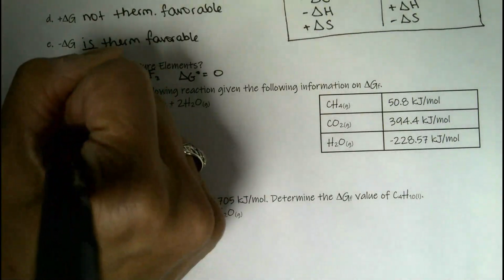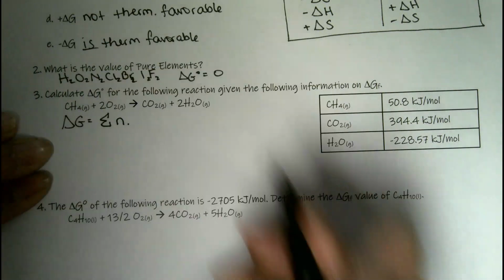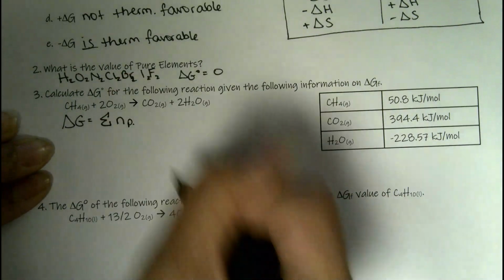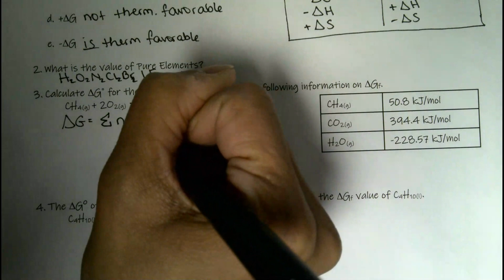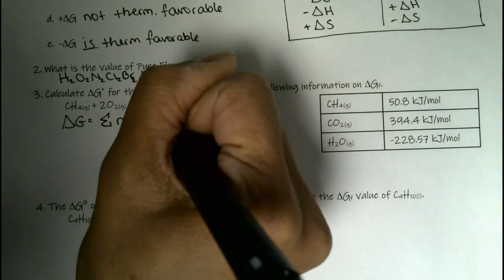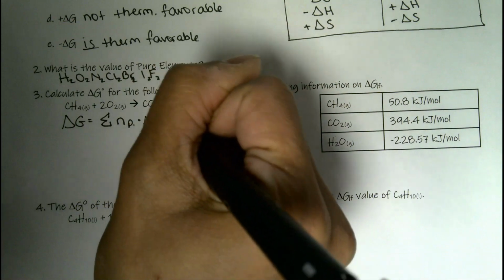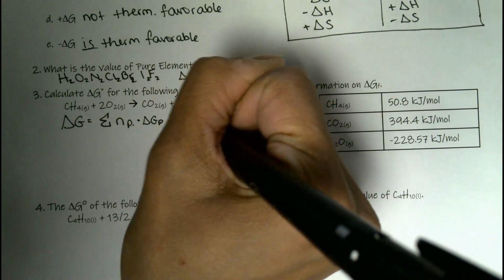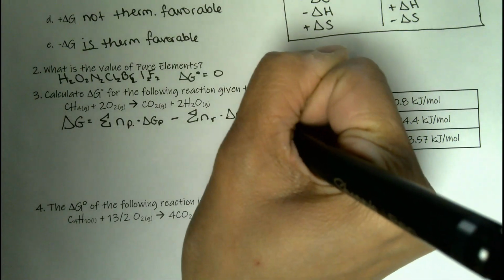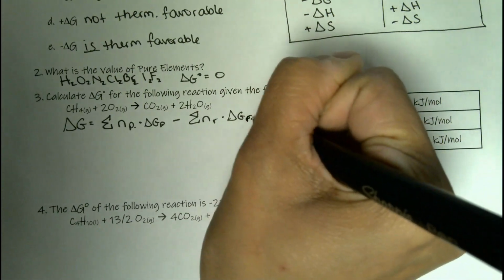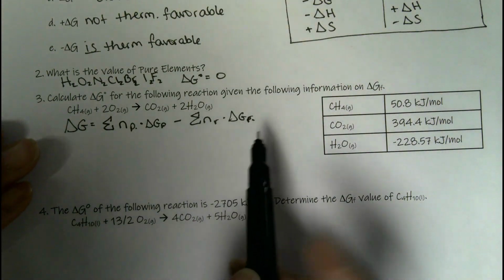So that is going to be the sum of the moles of the products times the delta G values of formation of the products, minus the sum of the moles of the reactants times their delta G of formation. So essentially, again, it's products minus the reactants.